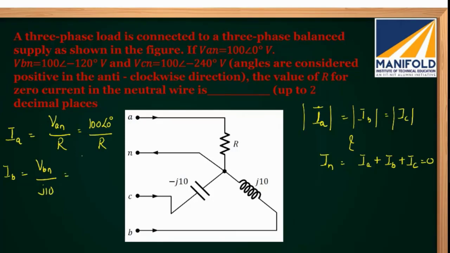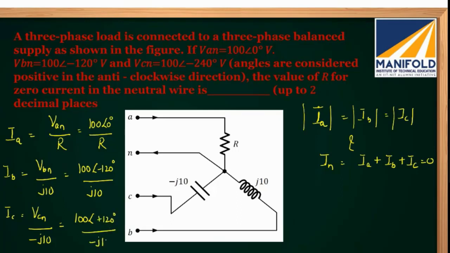So 100 at an angle minus 120 degrees divided by J10. What is IC? VCN divided by the impedance in C phase, minus J10, whose value is 100 at an angle minus 240, which I can write as plus 120, divided by minus J10.